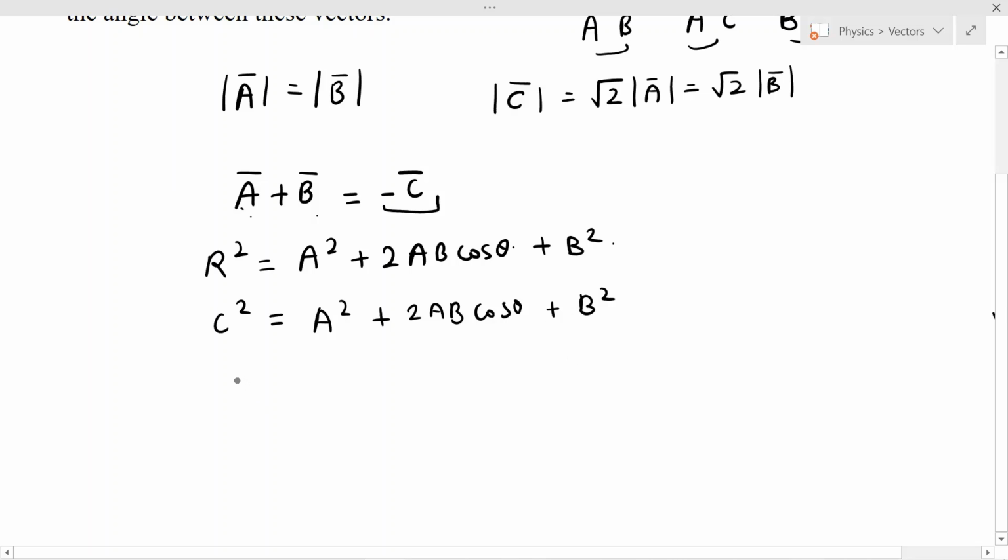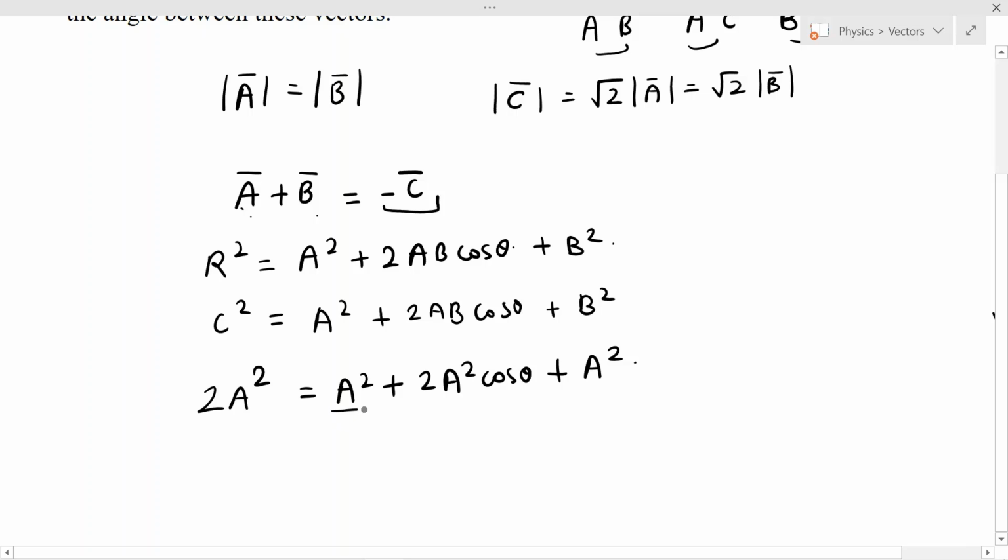So c square is 2a square, since c is square root of 2a. Let me substitute it. So this becomes a square plus b square plus 2a square cos theta is again equal to a square.